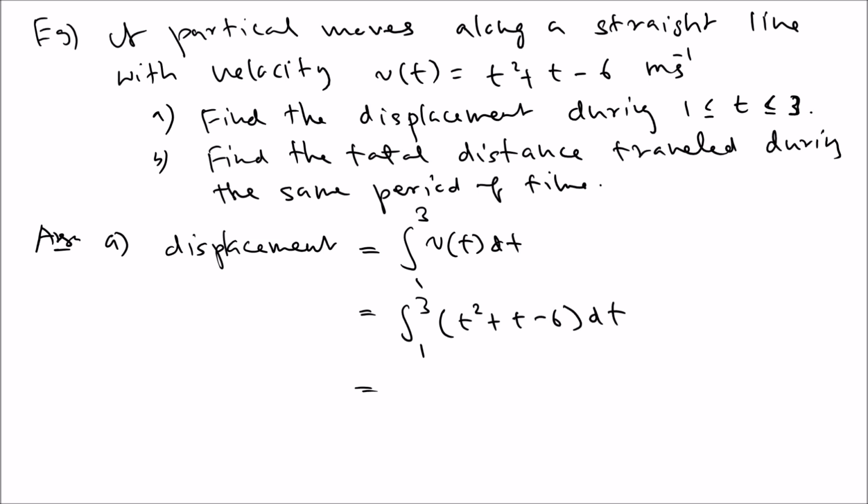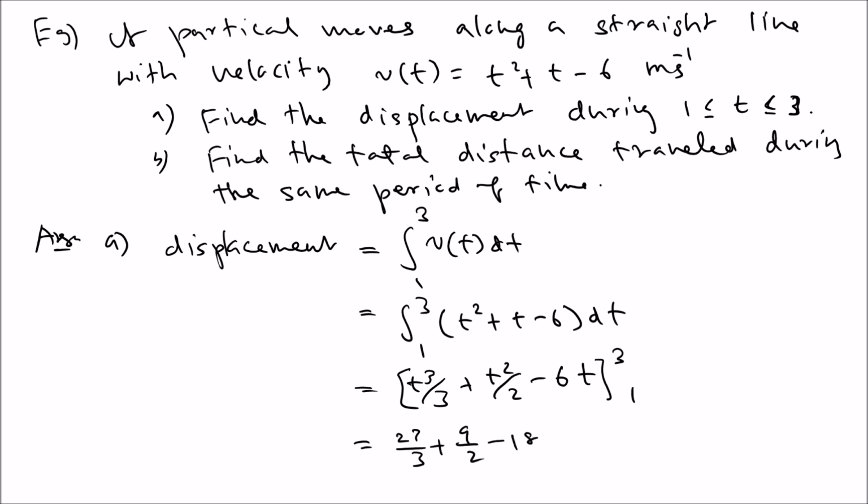This is a very easy integral, so it is t cubed over 3 plus t squared over 2 minus 6t, and evaluate between 3 and 1. You plug in 3, so you get 27 over 3 plus 9 over 2 minus 18. And then minus, you plug in 1, so 1/3 plus 1/2 minus 6. If you simplify, you end up getting 2/3 meters, because that's the unit.